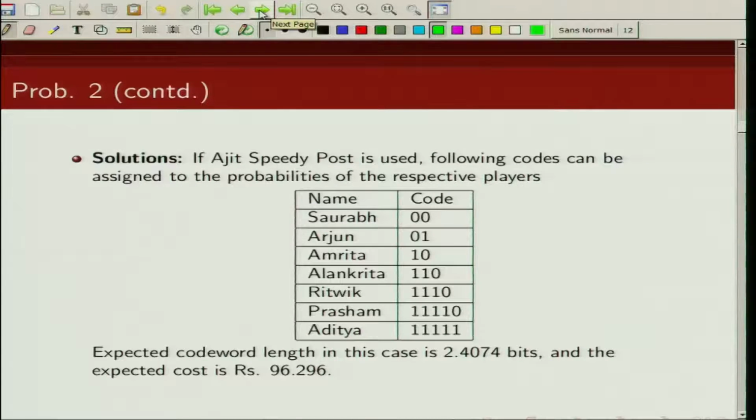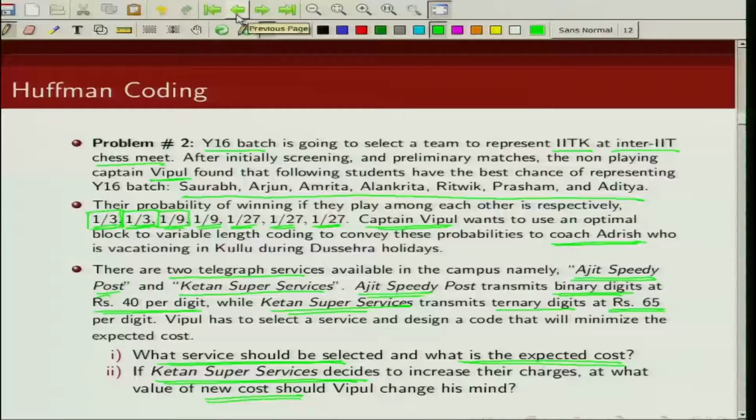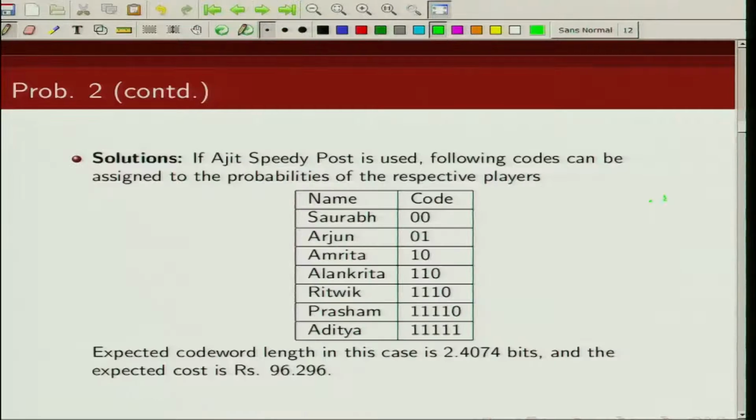So let's look at the first binary Huffman tree. We have nodes which have probability 1 by 3, 1 by 3, 1 by 9, 1 by 9, 1 by 27, 1 by 27, and 1 by 27. First we are going to combine these two nodes, and we get probability 2 by 27.